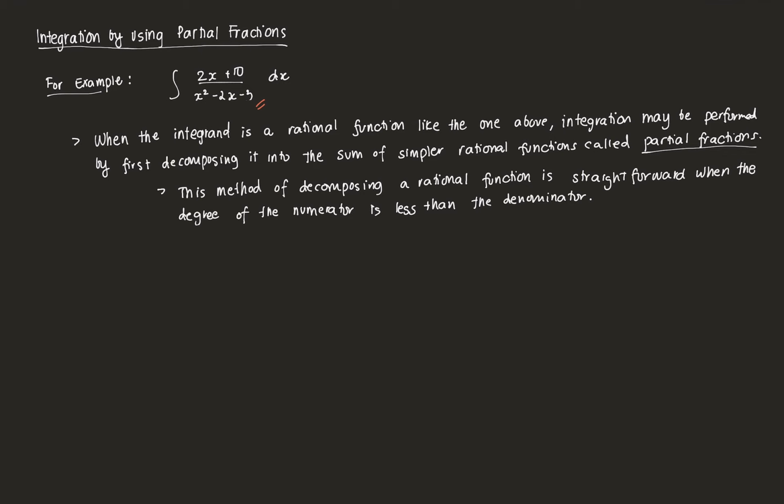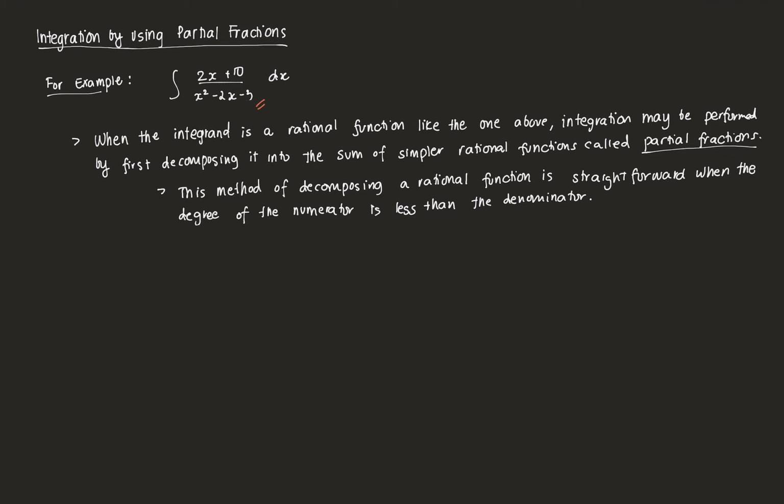So what exactly is that? When the integrand is a rational function, or in this case a fraction like the one above, the process may be performed by decomposing it into a sum of simpler rational functions called partial fractions.